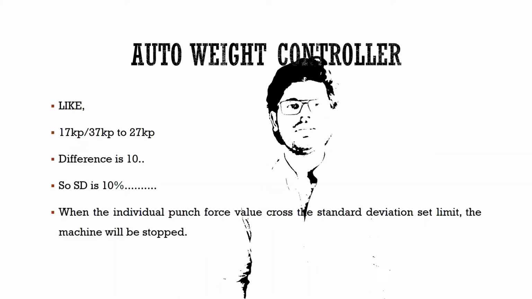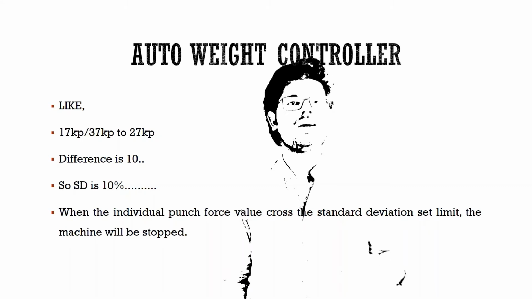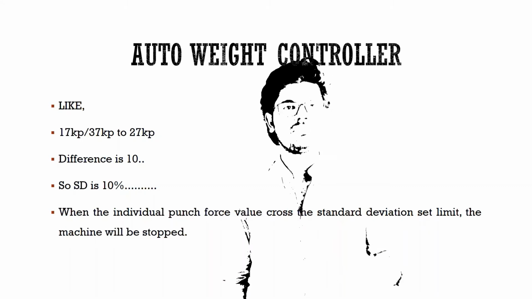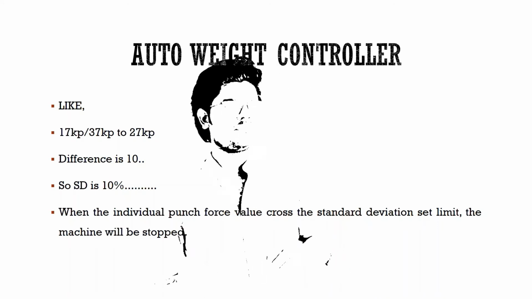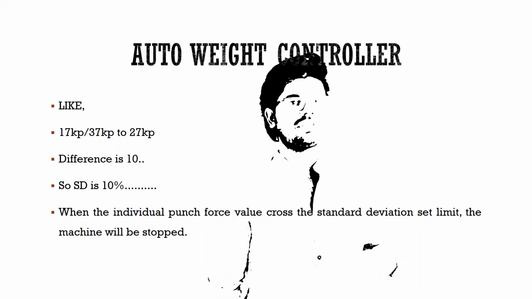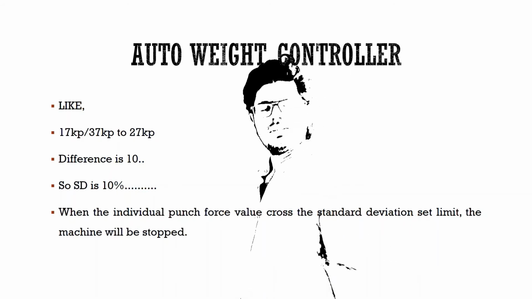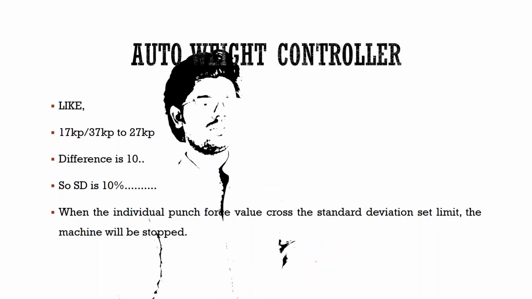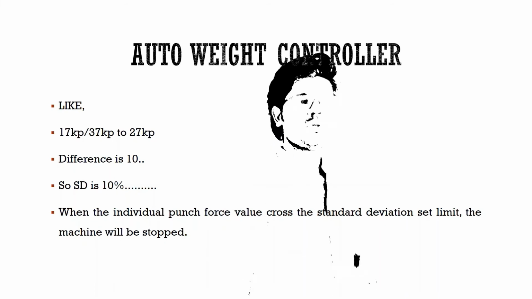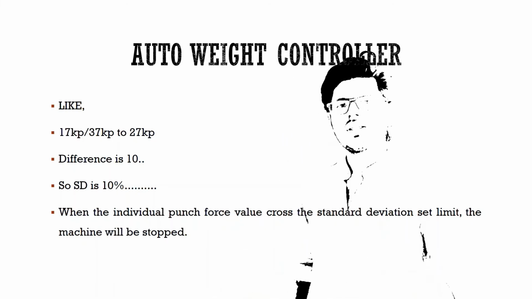Individual punch force values are like 17 kp as the lower and 37 kp as the higher. 27 kp is the optimum force value and the difference is 10, so standard deviation is 10%. When the individual punch force values go beyond the standard deviation set limit, the machine will be stopped.